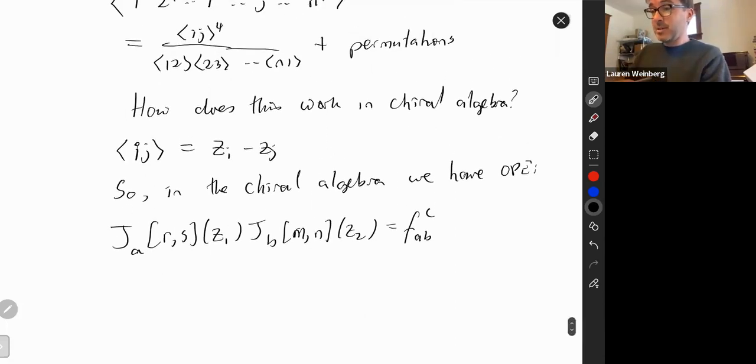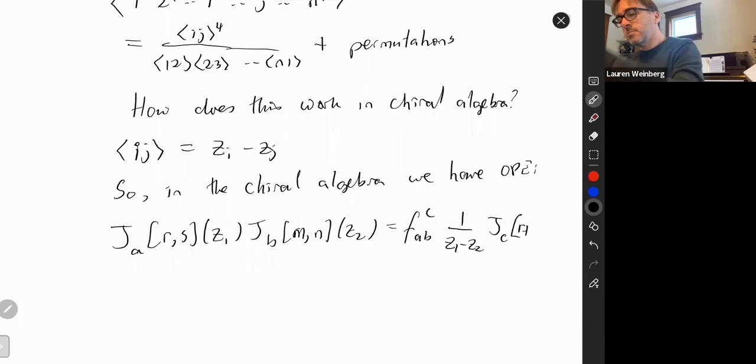So here I'm going to write. I just take this formula in the old literature for collinear singularities, and you just translate it into the language of OPEs, and it becomes this expression. And similarly.